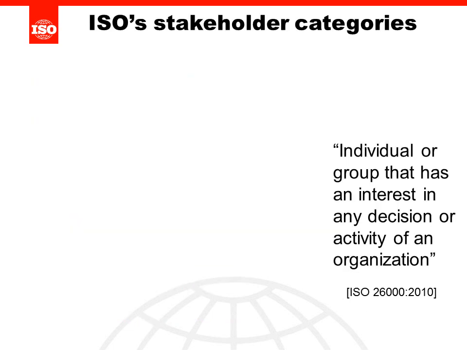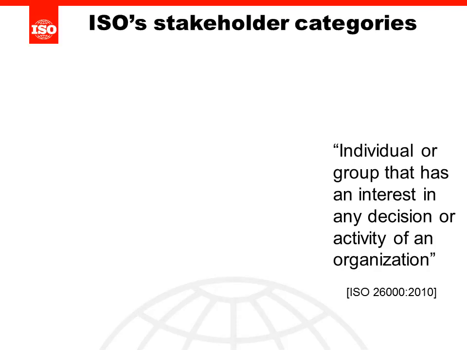In a survey conducted by the Technical Management Board, many of the national standards bodies responding mentioned that they had stakeholder categories that they use as a type of checklist to ensure that they did not forget any potentially interested stakeholder.